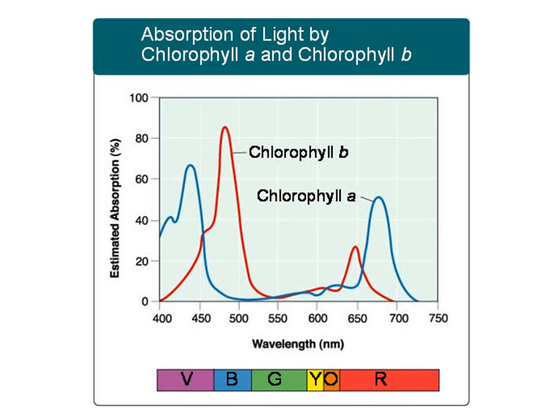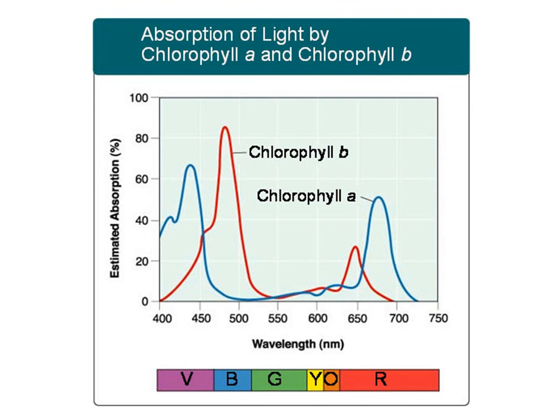This slide here shows the estimated absorption of chlorophyll A versus chlorophyll B. Notice that chlorophyll A absorbs wavelengths of 400 to 450 best, around 70%, and again 650 to about 710, and it absorbs that at about 50%.